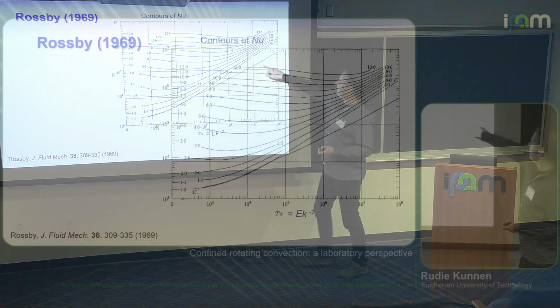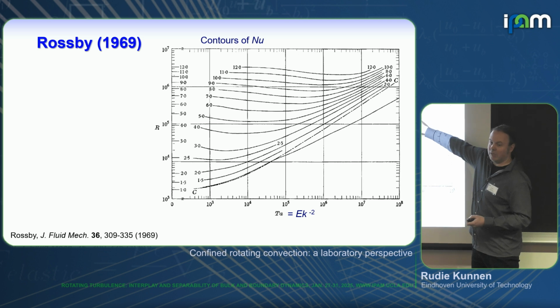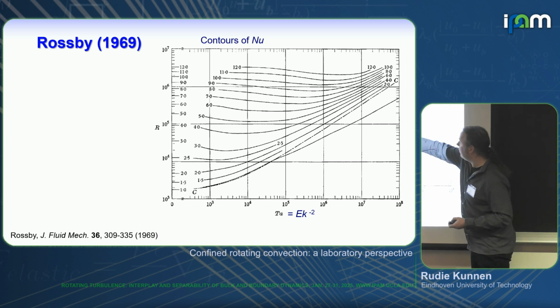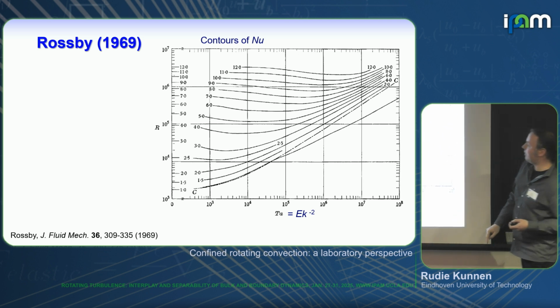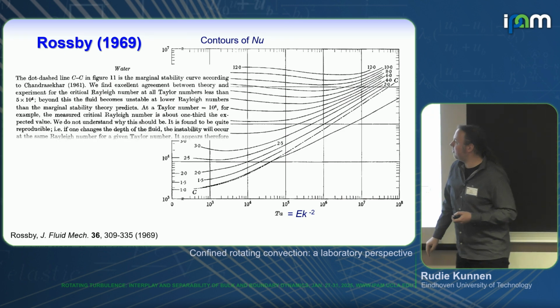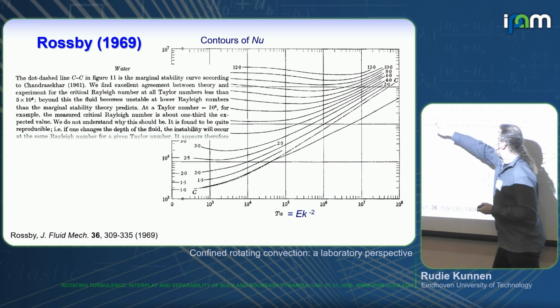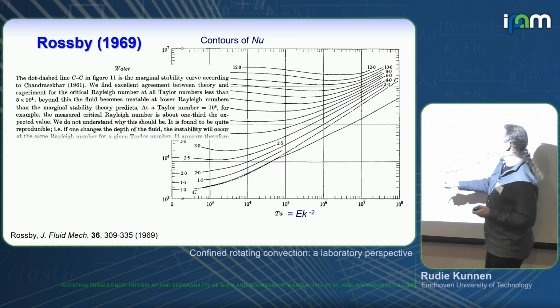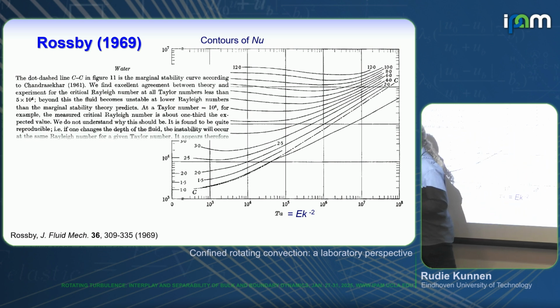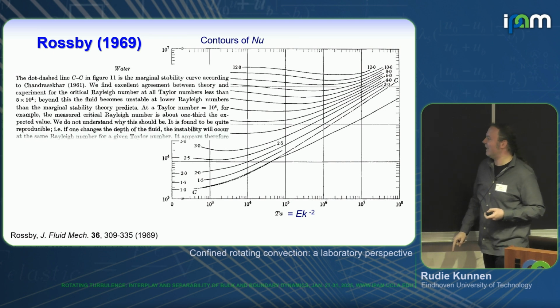And then there's this particular result. There's a bit of convection below the critical line, below Chandrasekhar's prediction. And there's this nice piece of the paper: we do not understand why this should be. It is found to be quite reproducible. Well, that's good, so there's something to be had there.